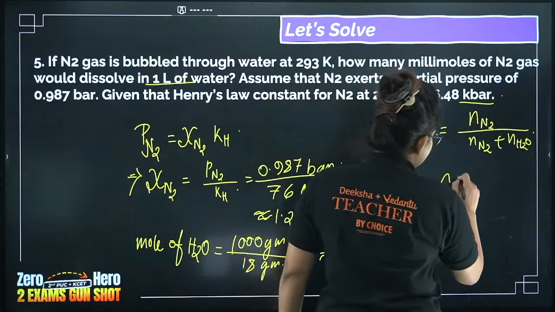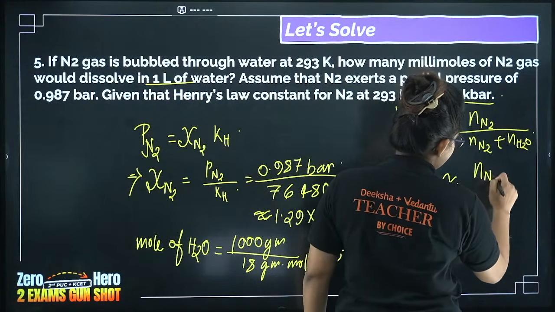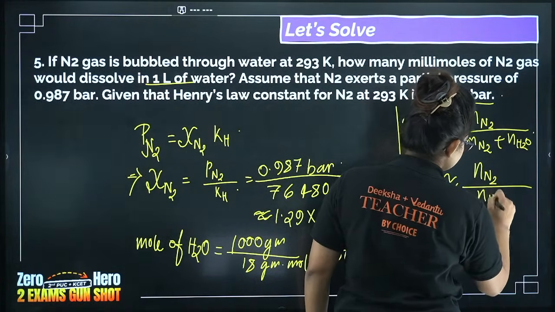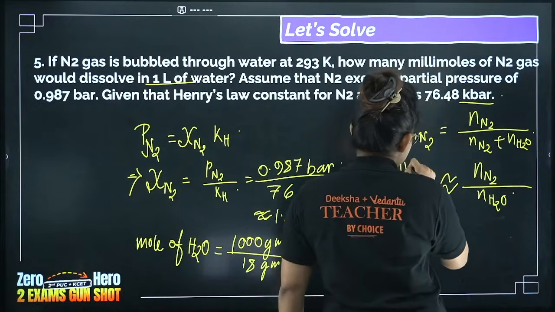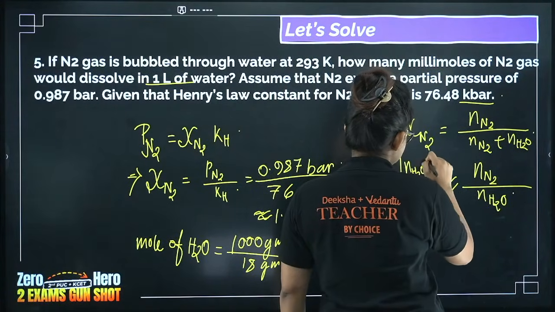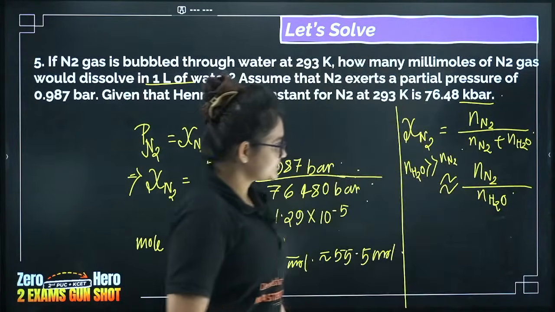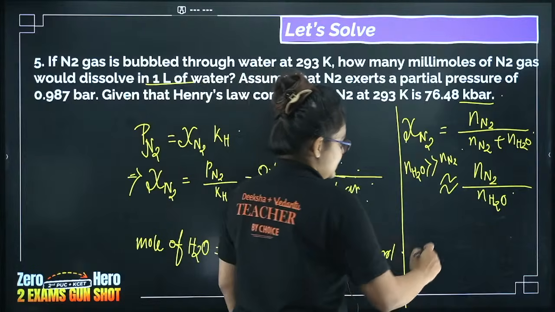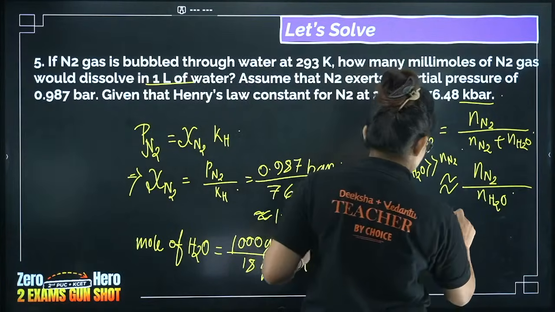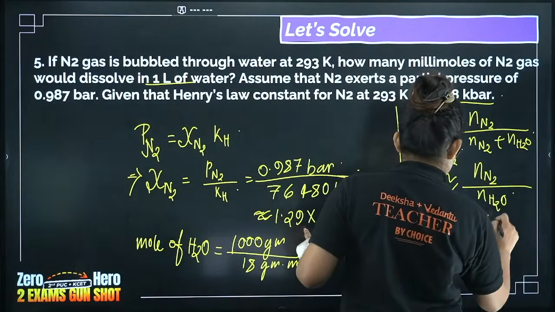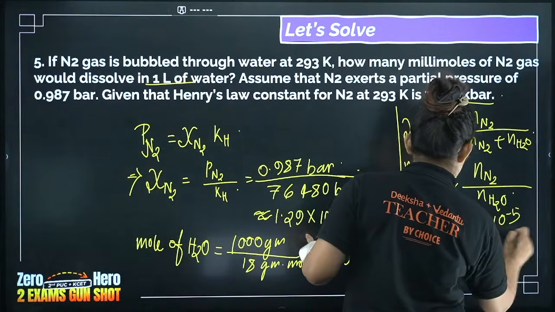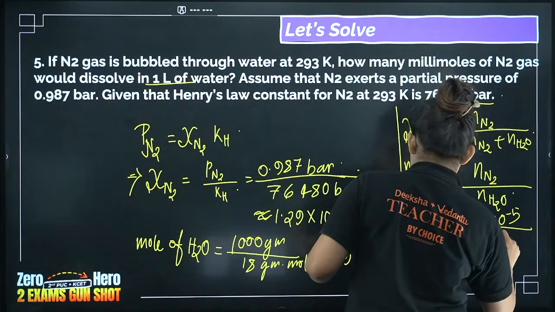So that can be written as number of moles of N2 divided by number of moles of water only, because number of moles of water is too much higher than that of N2. Right, so let's put the value, that is 1.29 into 10 power minus 5 divided by 55.5.